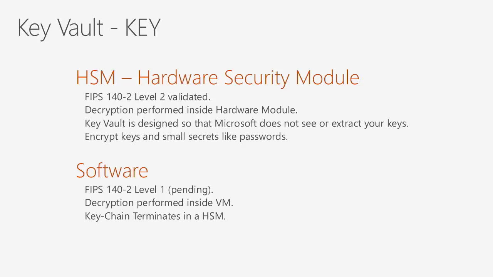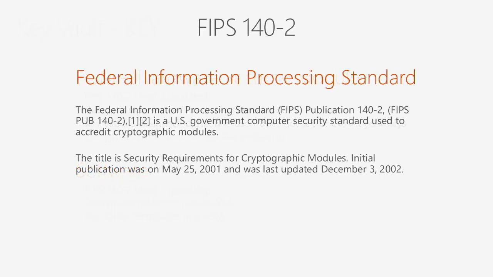If you use the software version, it's run in a virtual machine. It runs a bit faster, but the end of the keychain is actually back in a hardware device anyway, so there really is not that much difference in security level as far as I can see. They all follow basically the FIPS 140 standard, just so you know what that's related to, again, not wanting to get too far into it.